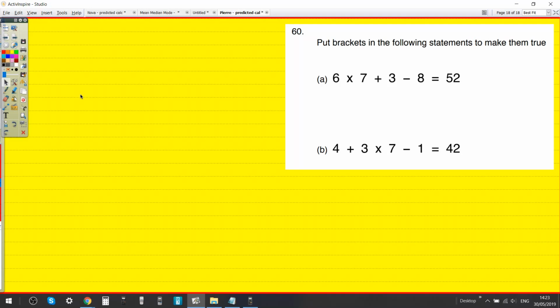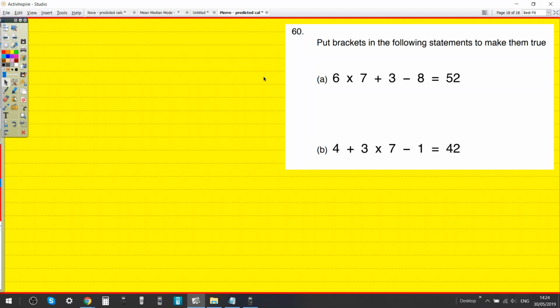We'll put this into your calculator and see what it says. It says 37.